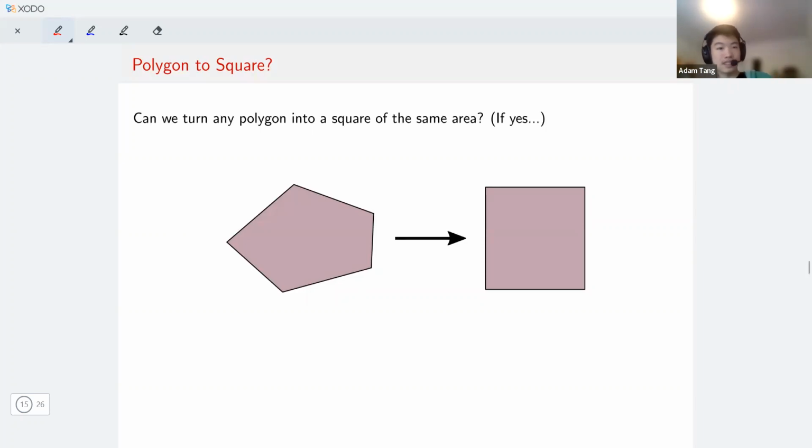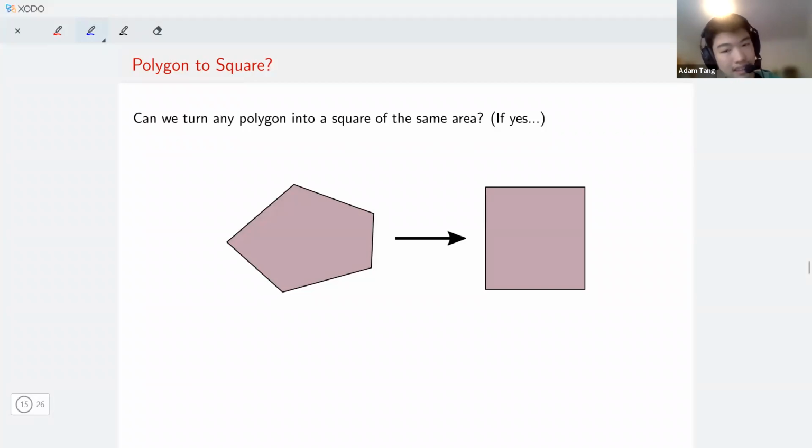Let's consider first the easier case, and in fact, this is the case that we will be using. Polygon on the left, square on the right. Is it possible to turn this polygon into a square?